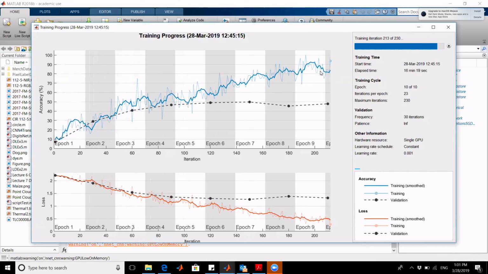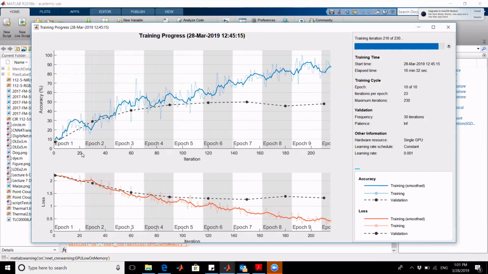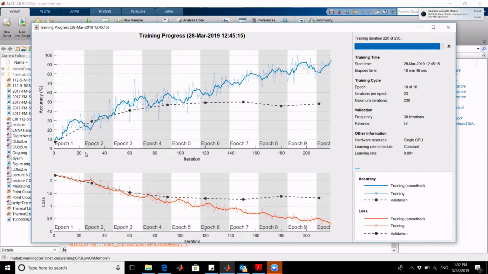Yeah, so this iteration should be mini batch iterations. And each epoch we said is going to be roughly 25, not exact 25, but it seems like they are not off by a lot.